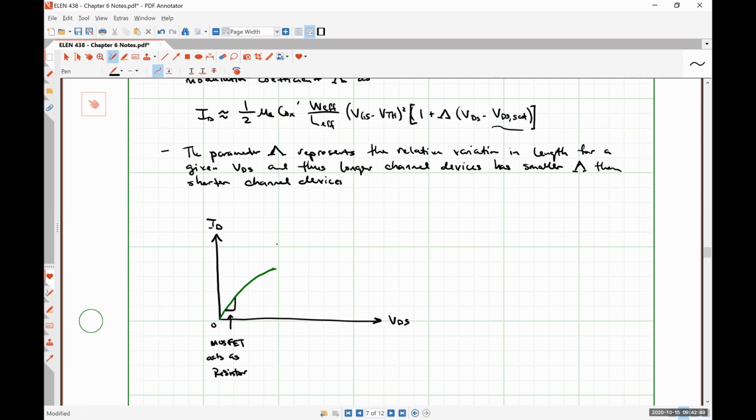We have the triode region. Between triode and saturation is where we have VDS sat.